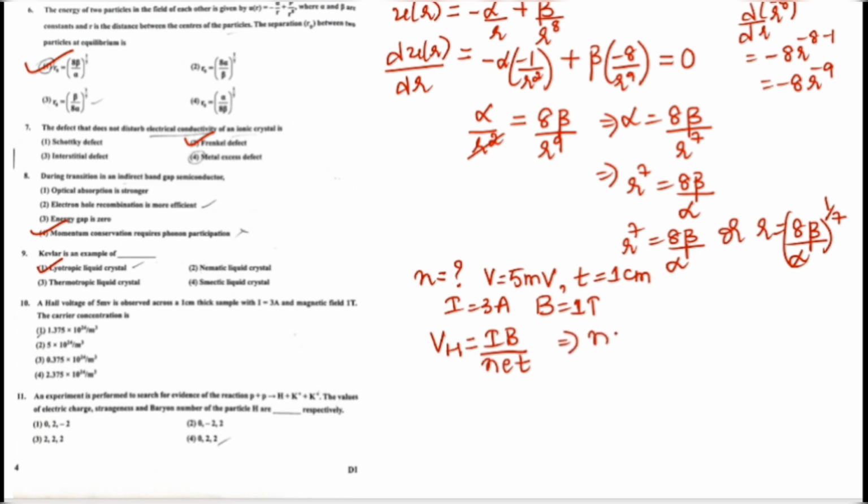From this formula, n is equal to IB divided by V_H e t. On substituting the values, the current is 3 ampere and the magnetic field is 1 Tesla, divided by V_H, the voltage, which is given as 5 millivolt, that is 5 into 10 to the power of minus 3 volt, into the charge of an electron.